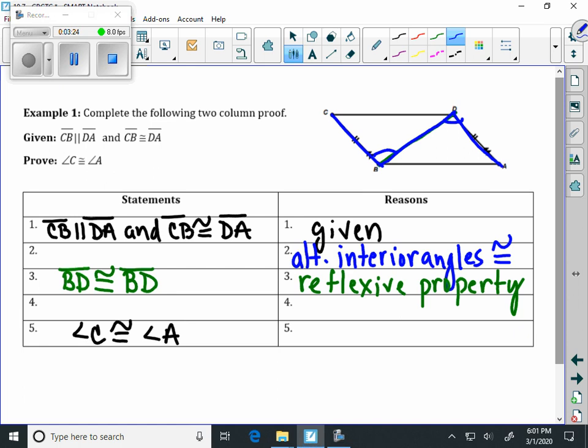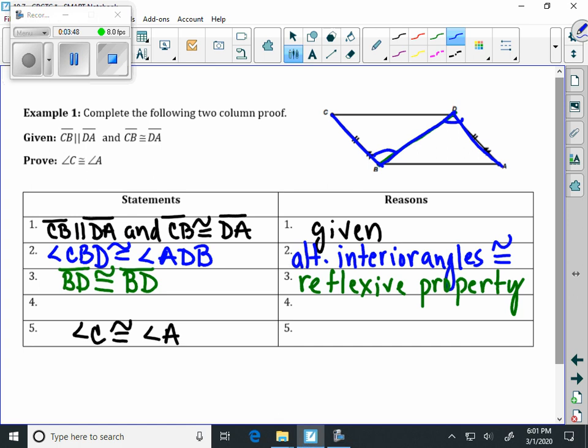And now that we have that marked up as well, we can make our statement here, which is that angle CBD is congruent to angle ADB.